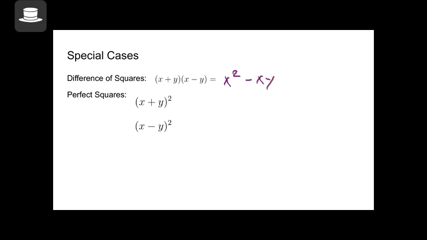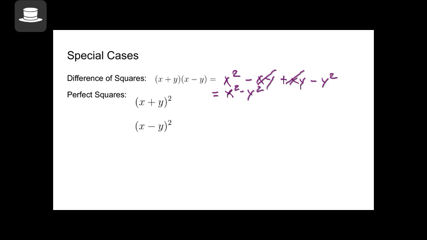I have a positive xy because of my y times x. And then I have y times negative y, which would be negative y squared. My middle terms, negative and positive, are the same, so they just reduce to 0. So I have x squared minus y squared. That would be deemed a difference of squares.